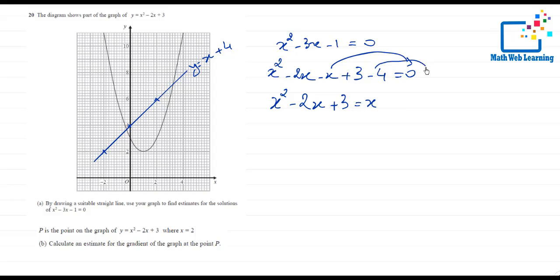And this one here also is going to move to the other side. It will change to plus 4. And that's why I had this line here, x plus 4. That's what they mean by drawing a suitable straight line, this one here. So the straight line is x plus 4.